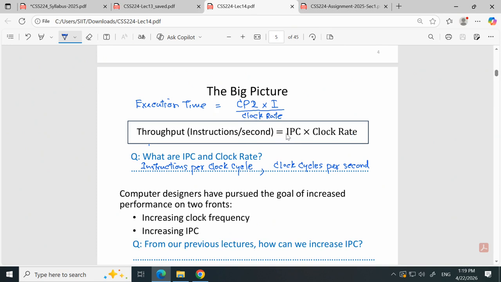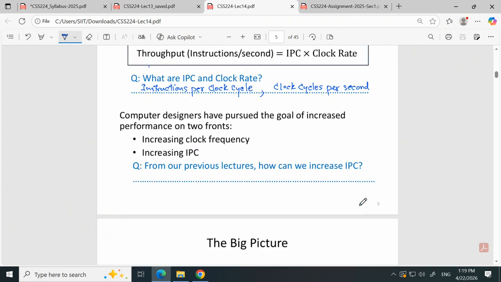Is it too hard to remember this, and this? Believe me, you need to remember both of them, these two expressions.